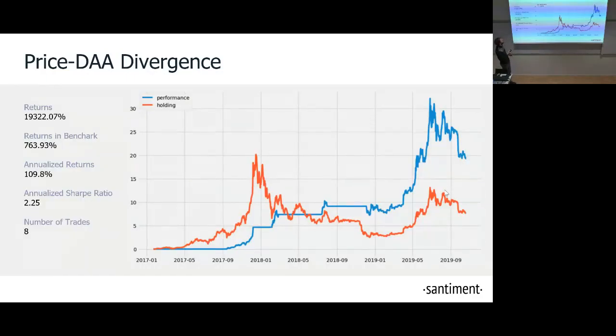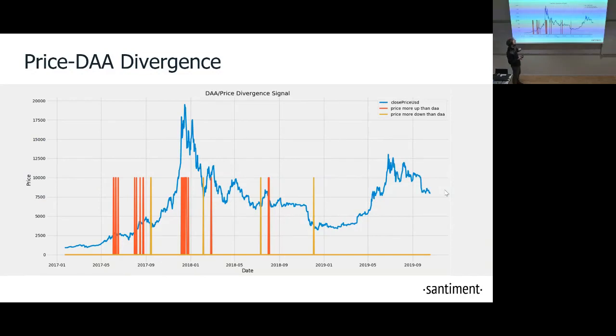So we backtested this a couple of years ago. I have a chart that shows what's happened since. This is the chart that I want to show, where we basically did a similar thing with the MVRV ratio. So we looked at a difference between a coin's price action on the one hand and the coin's network activity on the other hand.